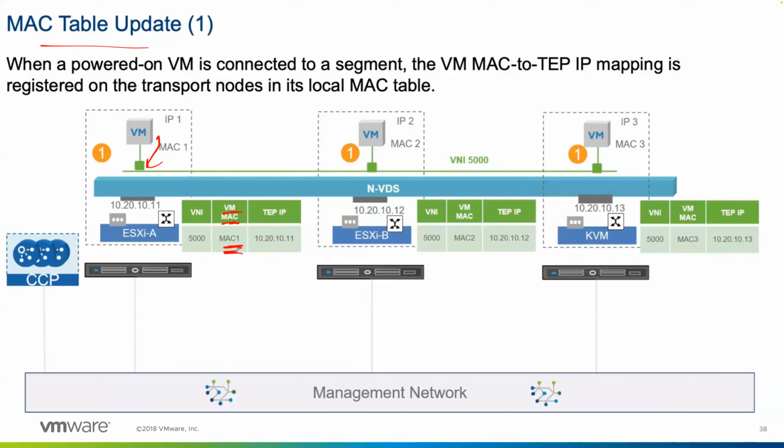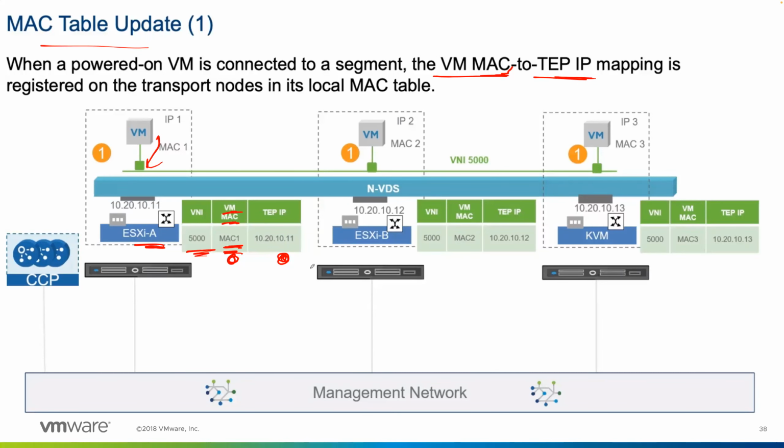So they build a table where MAC address A is mapped to this TEP IP and also has a VNI ID. That's the MAC table. The MAC table is a mapping of VM MAC address to the TEP IP, so they should know the location of this MAC 1.